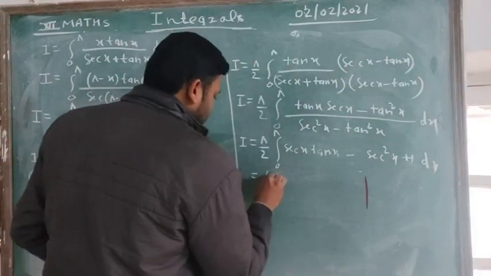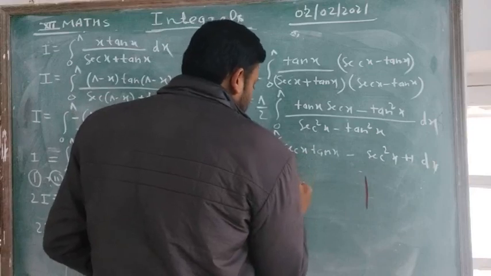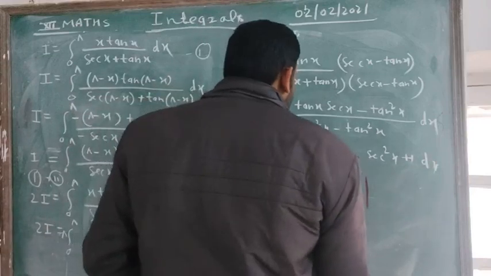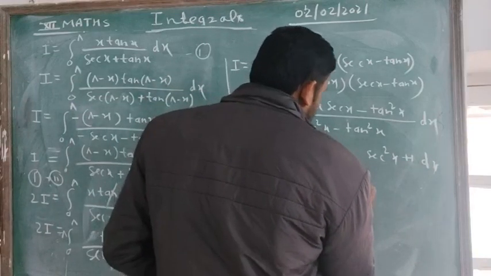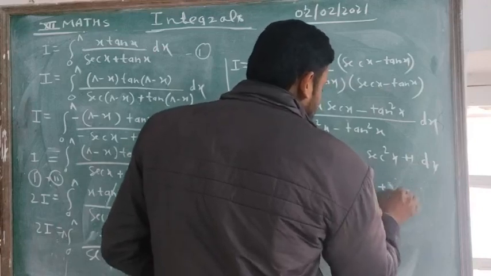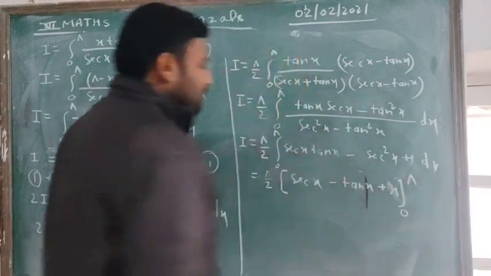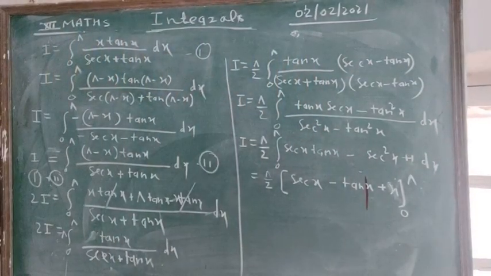Now students, we integrate this and we write this is our sec x, and this is tan x plus x. Okay students, and the limit is 0 to pi.